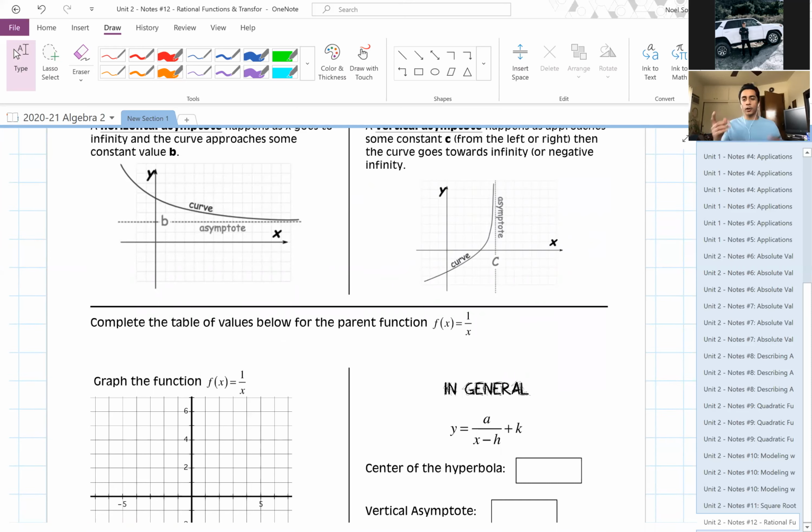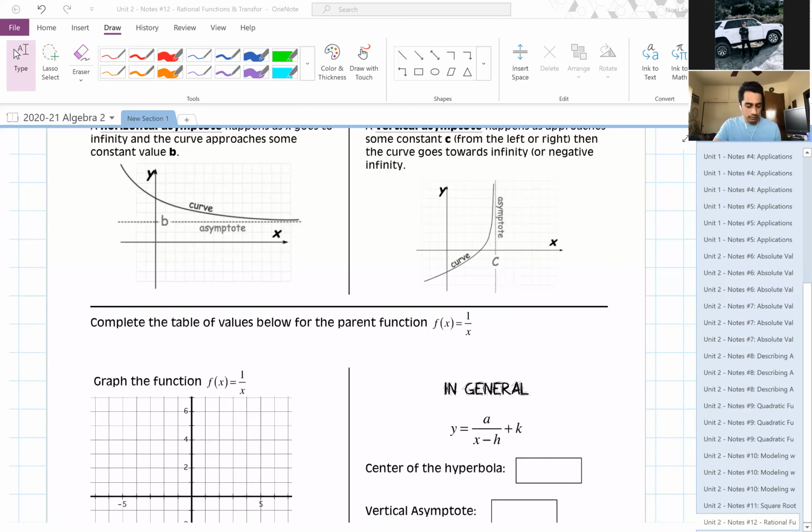Because the curves are kind of split up, there's really nowhere we can identify as, okay, this is the starting point. If anything, what it does is it just tells us where we shift the asymptotes. So we'll get into that. Square roots do have a starting point, but rational functions don't.